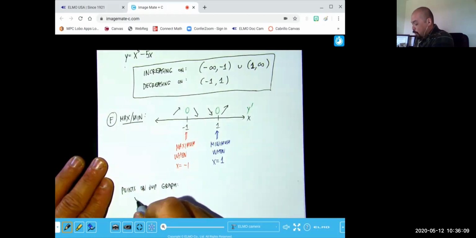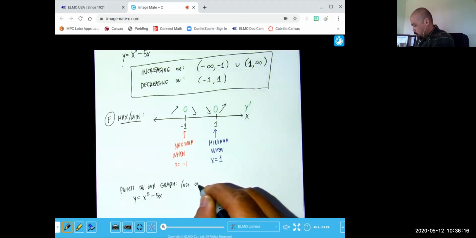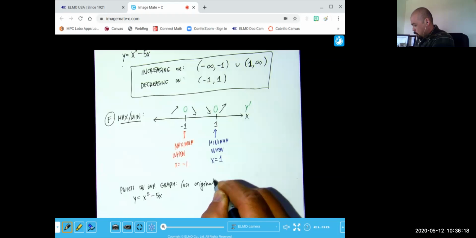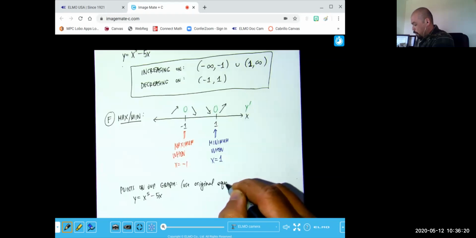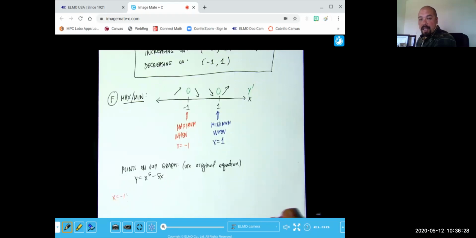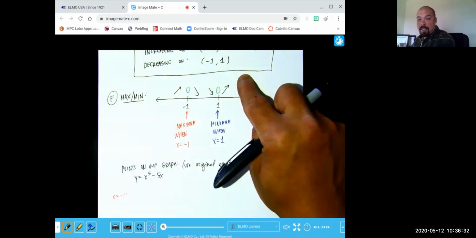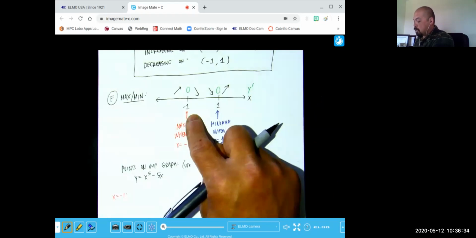Go back into that original function there to get the y coordinate. And so for our maximum, we'll talk again about the fact that since our graph is continuing to increase at the end, this maximum is just going to be a local max.